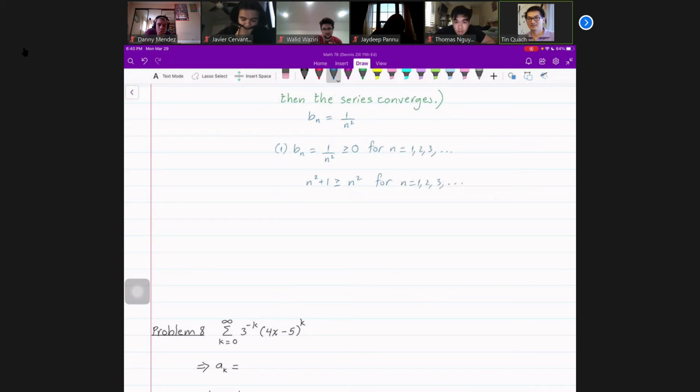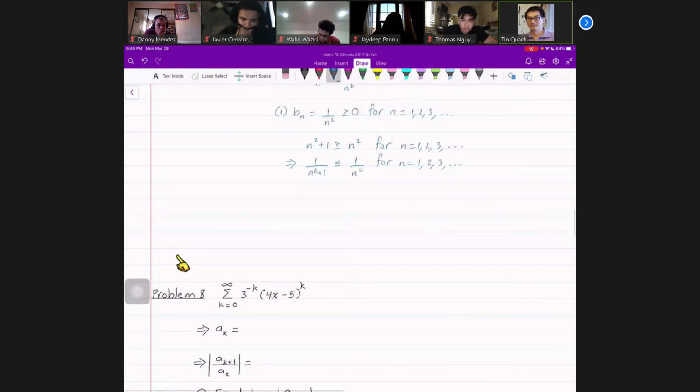But from here, if you divide, then the denominator on the left-hand side is bigger, so its fraction has to be smaller. So that implies b sub n plus 1 is less than or equal to b sub n for n equals 1, 2, 3, and so on.